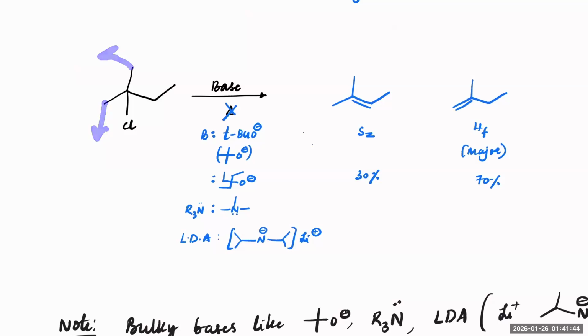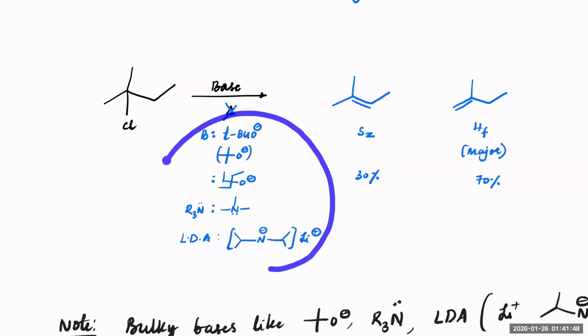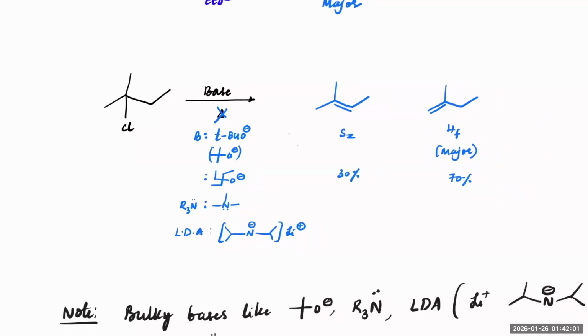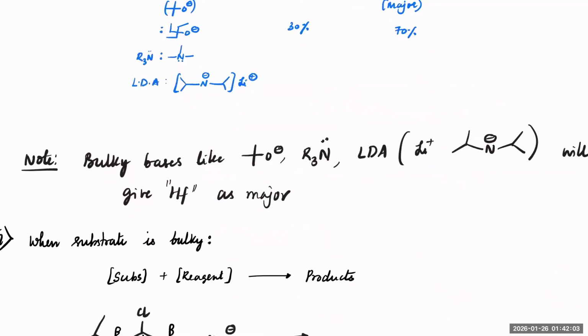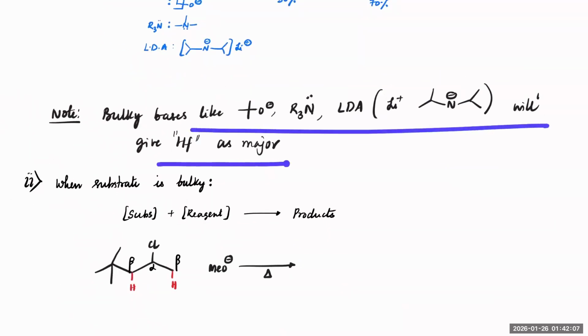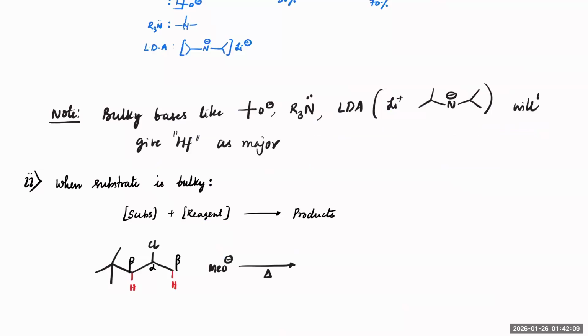So these two positions are easy to extract. That is a problem with the bulky bases. They cannot extract hydrogens from even a slightly bulkier side. That's the reason why Hofmann is the major product in this case. Clear? So I have written it here. These are all the cases of bulky bases which will give Hofmann as a major product.